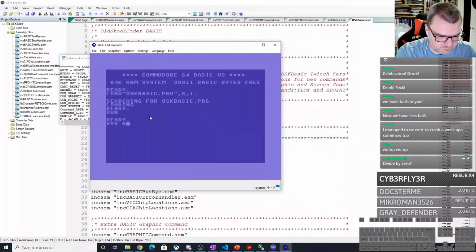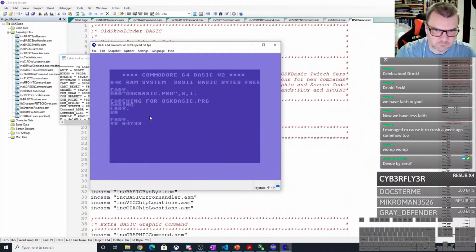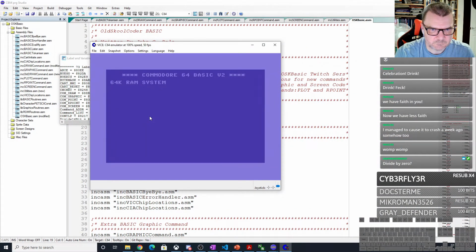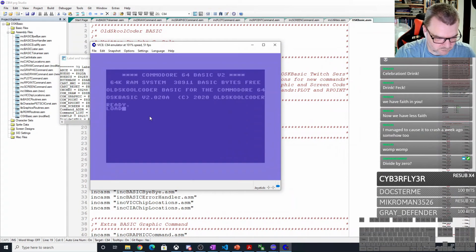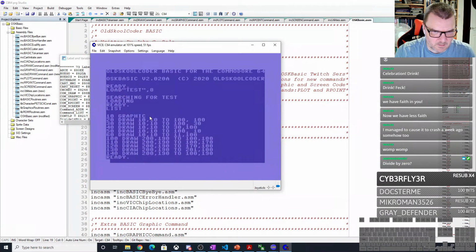So it was, yeah, Y was smaller, so it's running across the X-axis, that is.